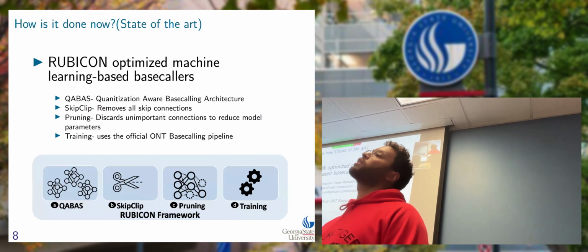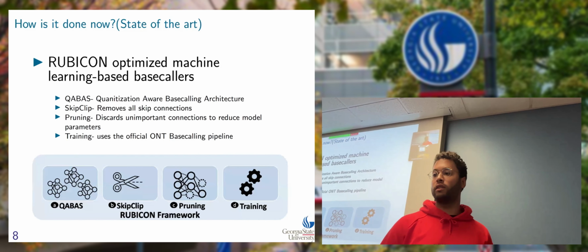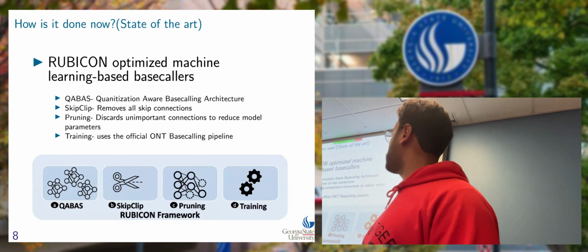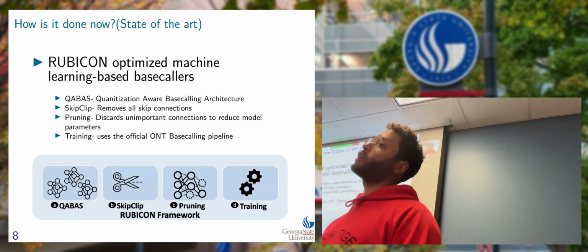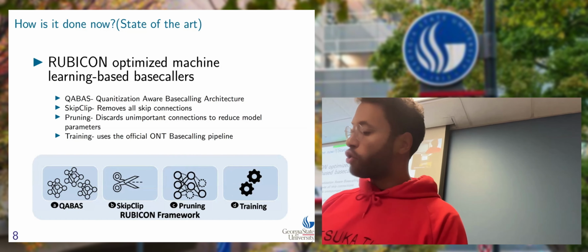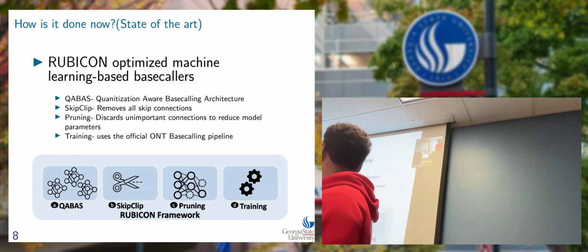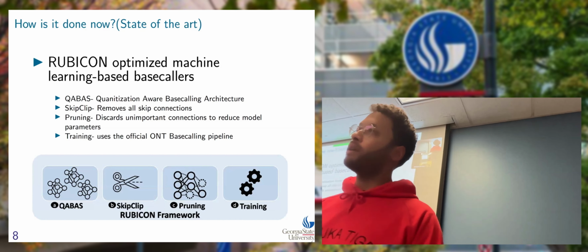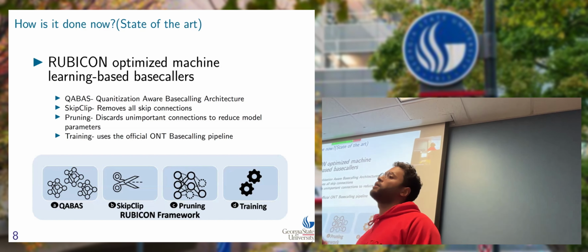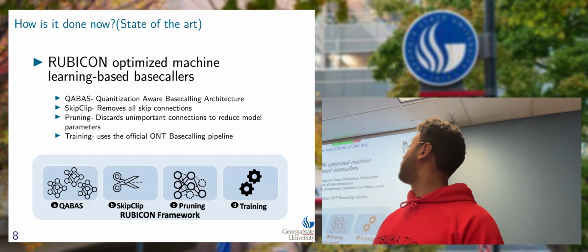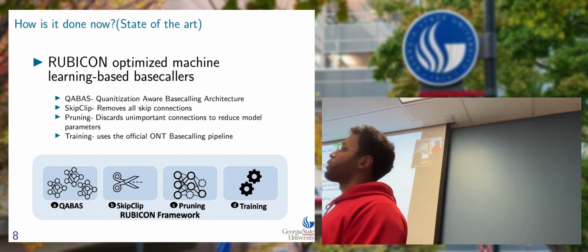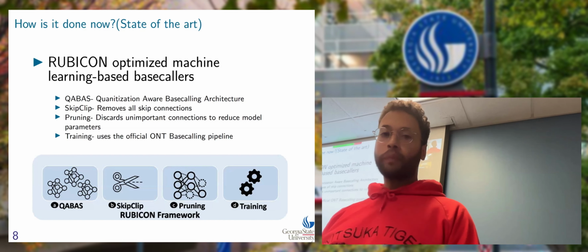So by cutting out these skip connections, we can improve efficiency, but it is also shown in the literature that you can now train this model after skip clipping it to be as accurate as the original parent model, while still maintaining the increase in efficiency.